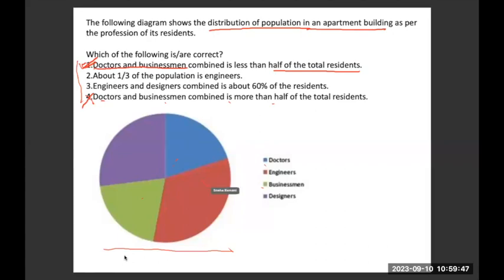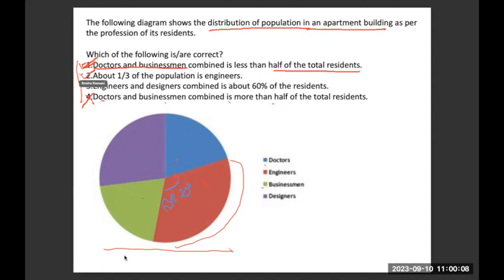Engineers, which is red, is 1/3, which is true. It is almost 120 degrees. This angle is almost 120 degrees. So I will say 1/3 population being engineers is of course true.